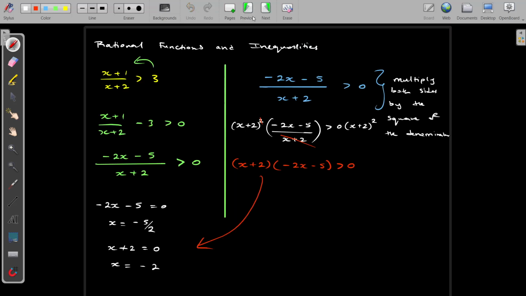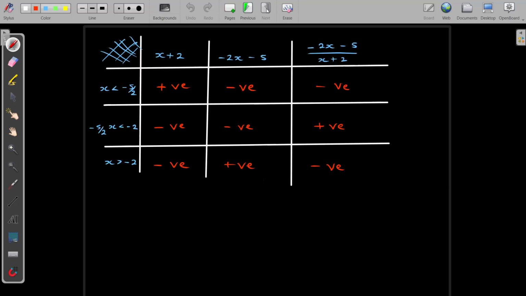So the region we're looking at is where it is positive, and the one that gave us positive is this. So we can say, therefore, when x is greater than negative 5 over 2, but x is less than negative 2. And that would be our solutions.